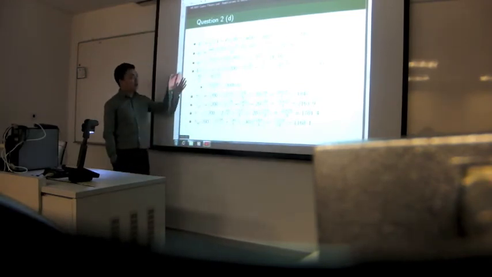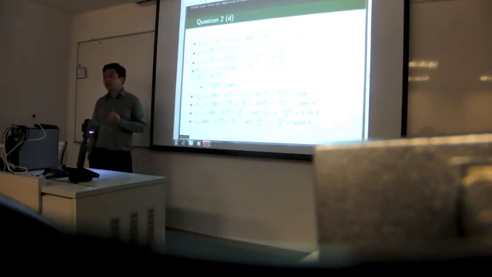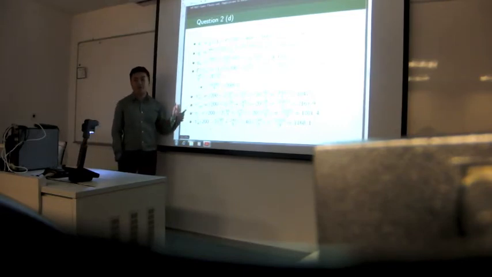L is assumed to be 20 here. That means if the state is L, both firms actually have the same cost. If the state is high, then firm 1 has a cost advantage, so under the high state firm 1 will make more profits than firm 2.